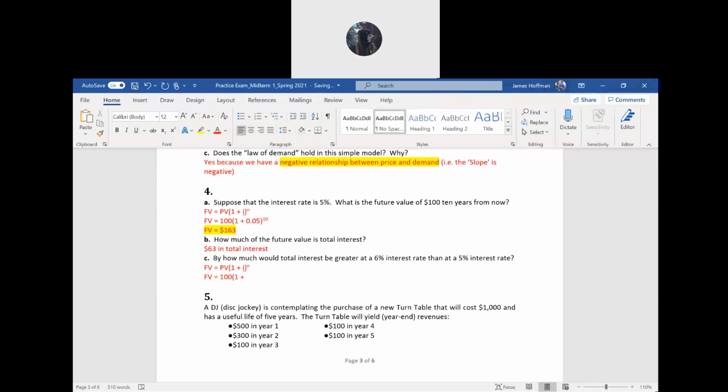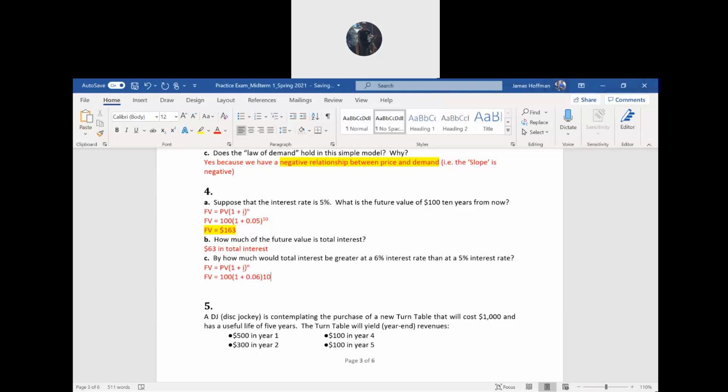The interest rate now is 6%, which in decimal terms is 0.06. And again, that's going to compound interest for 10 years.